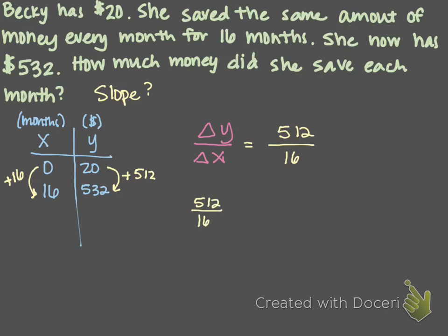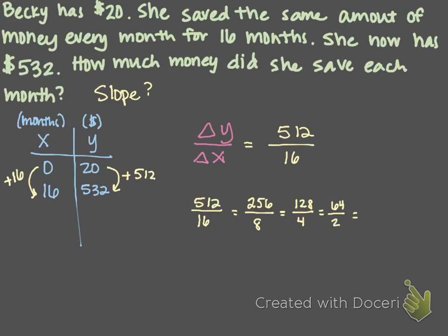So 512 divided by 2 is going to be 256. And 16 divided by 2 is 8. We see that these numbers are even, so we can divide by 2 once again. And we get 128 divided by 4. Both of these numbers are even, so we can divide by 2 once again and get 64 divided by 2.